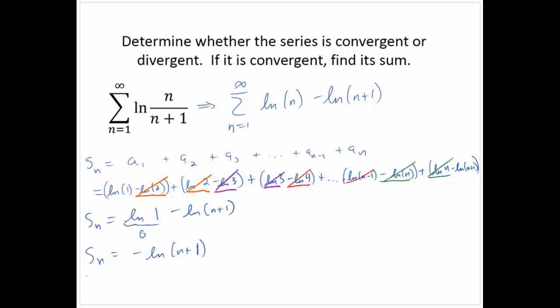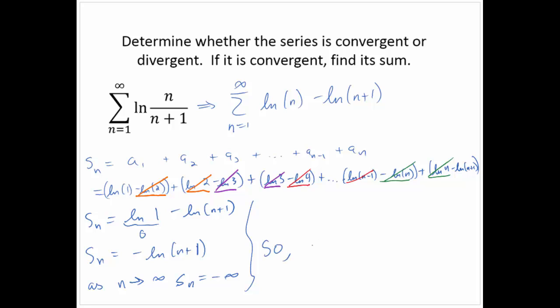All right, so now let's see. As n approaches infinity, S sub n would be negative natural log of infinity. Now, the natural log of infinity is infinity, so S sub n would approach negative infinity, which is not a real number.